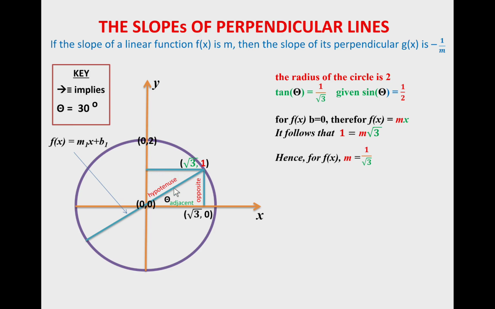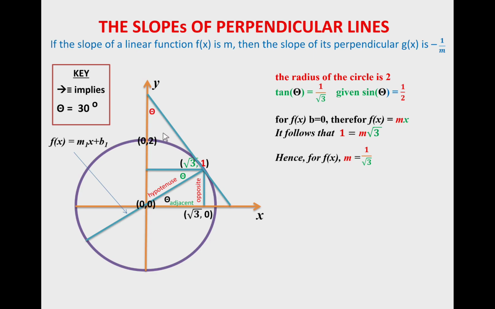This line will be parallel to the x-axis, and for that reason this angle will be equal to theta, which is equal to this one. So that angle is equal to theta. Now we draw the line perpendicular to the hypo, and this line intercepts the y-axis, and also meets the x-axis.